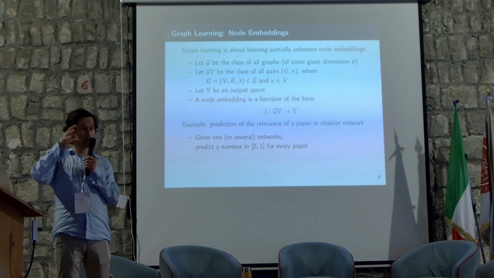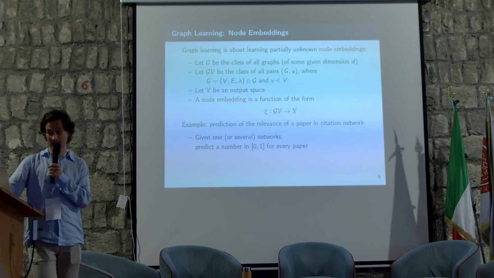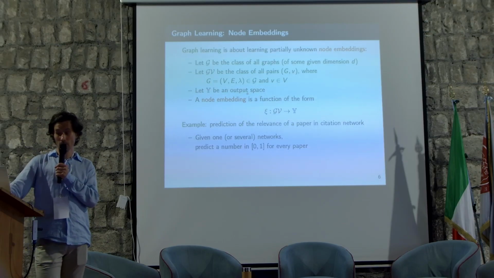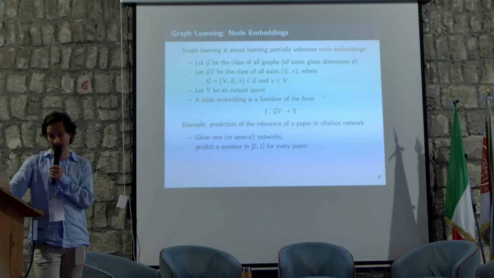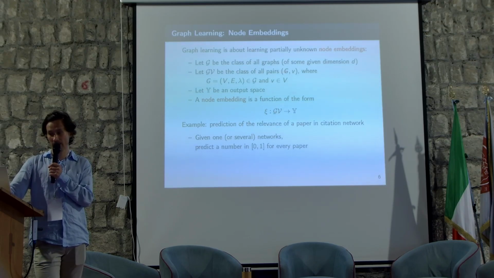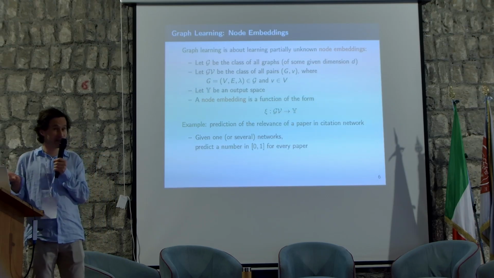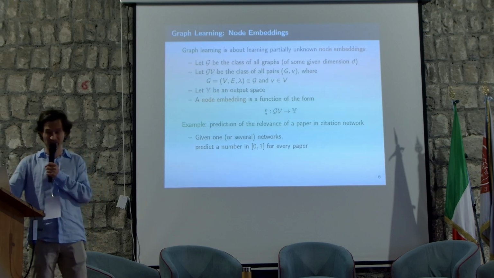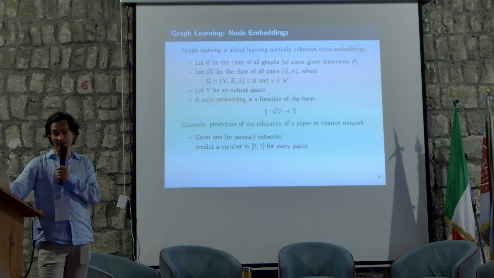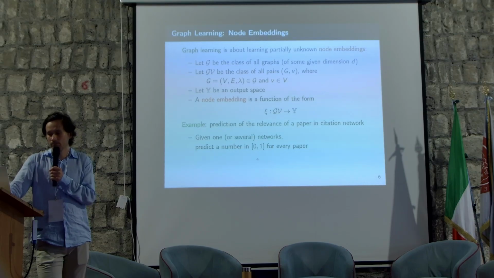So we have graphs, and then we have all pairs of a graph and a node in this graph, and we want to learn a so-called node embedding, a function that maps each pair of graph and node to some output space. This output space may be yes or no for classification, or a number for regression, or in principle, whatever.